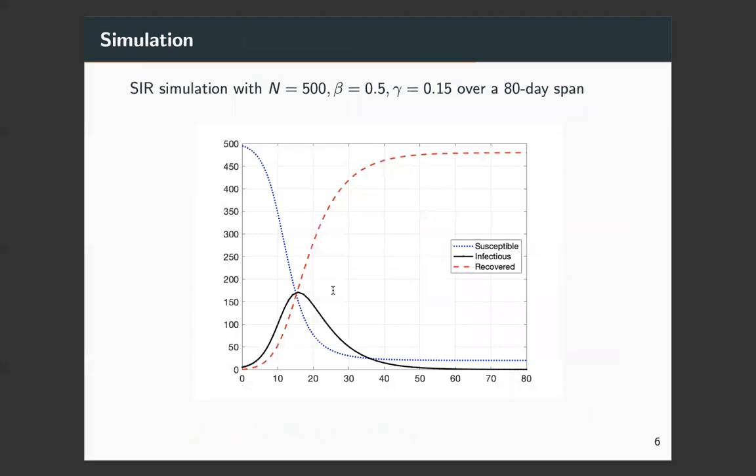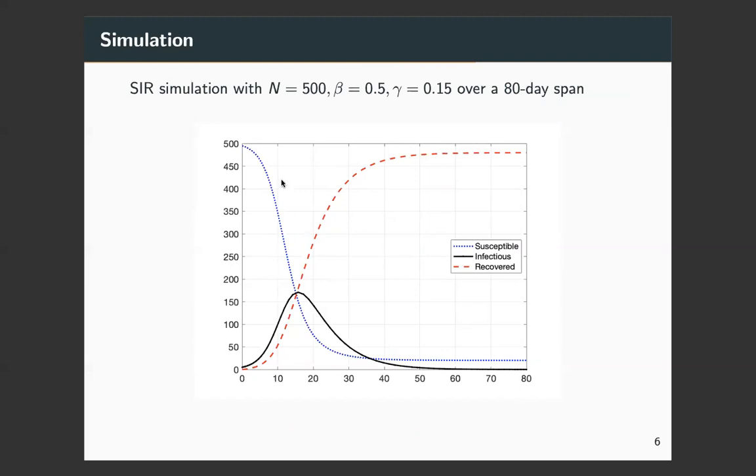Okay, now let's come to the simulation part. Here is a toy example with N equal to 500, beta equals 0.5, and gamma equals 0.15.